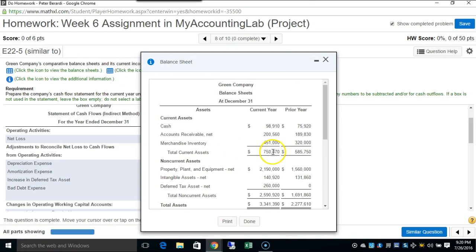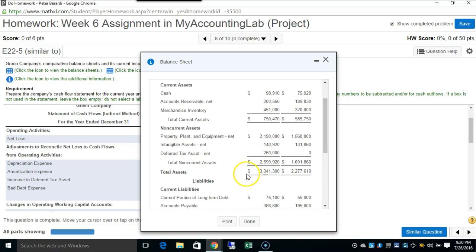Then we're going to go to our balance sheet. The balance sheet is essentially going to be changes, differences from current year to prior year, differences in our non-current assets, like the increase in property, plant, and equipment, net.